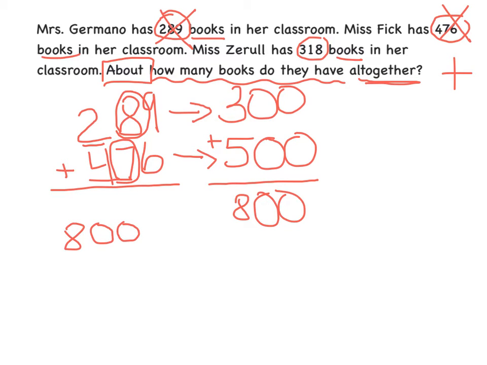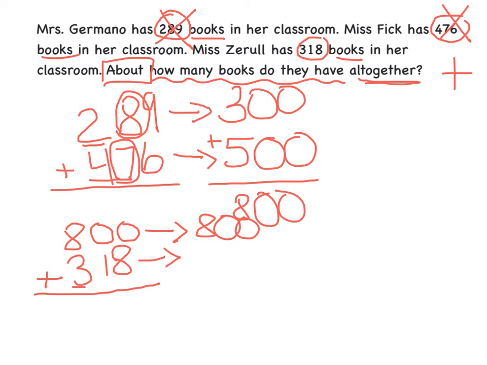I'm going to rewrite the number 318 because I haven't used that number yet, and I know that the question is asking me to find how much all three of us have together. Altogether still means to add, so I'm going to bring my plus sign over. 800 is already rounded for me, so I'm just going to recopy it.